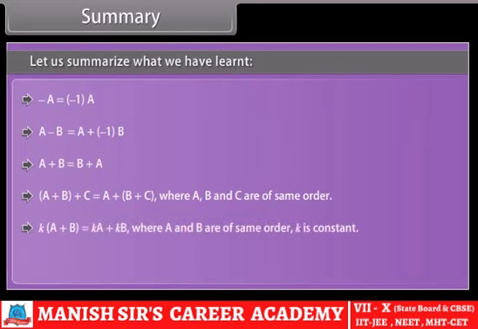K into (A plus B) is equal to K into A plus K into B, where A and B are of the same order and K is constant. (K plus L) into A is equal to K into A plus L into A, where K and L are constants.